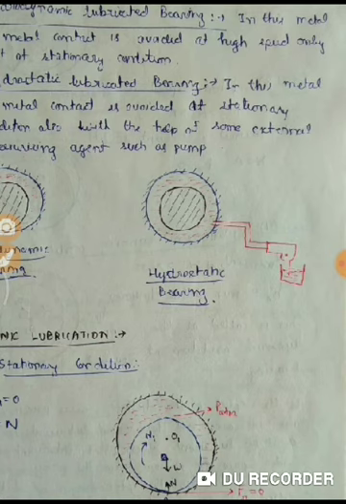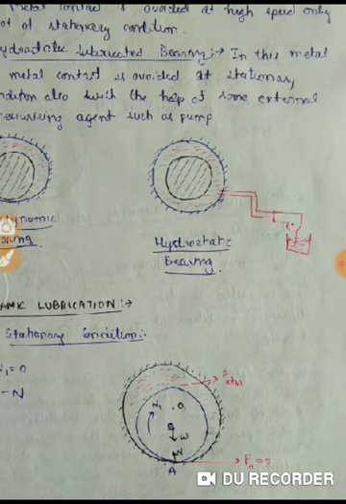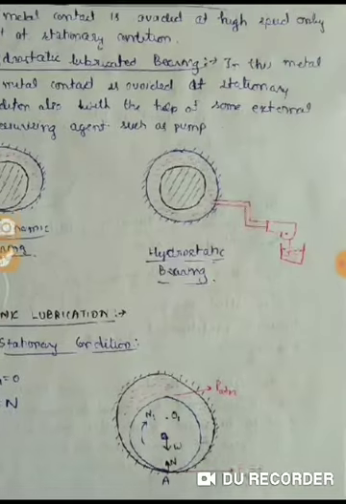So there is a good chance of no metal to metal contact, and because of this the starting torque required will be less. But an external pressure agency such as a pump is required to lift the shaft and to provide no metal to metal contact.